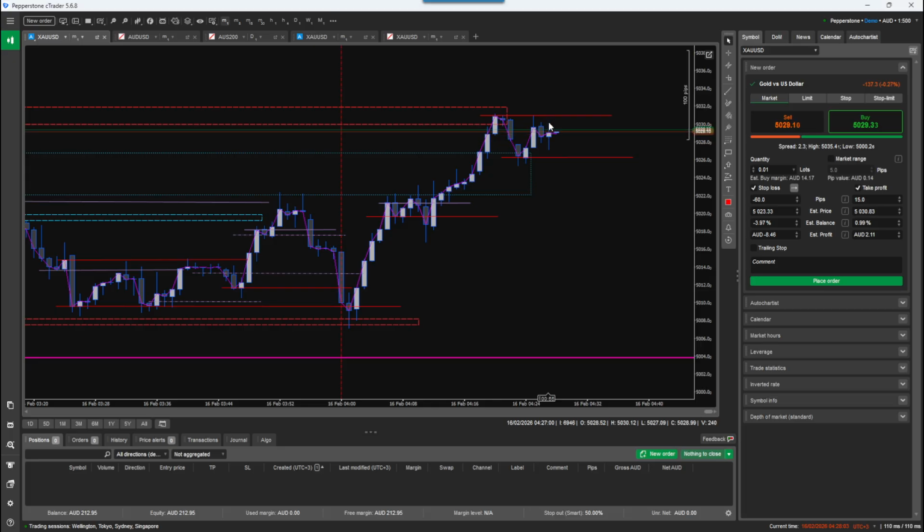Now we've got an outside, almost an outside bar, certainly broken the bottom. I'm going to try and apply a bit of patience here. If it cracks that, we'll go short.